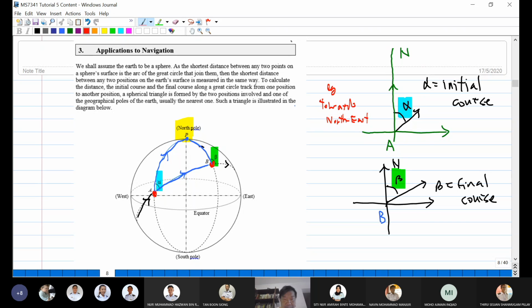This is an important lesson. I'm going to introduce the definitions of a few terms. I know that alpha is the initial course, beta is the final course, and P is the North Pole. So what is the term PA?